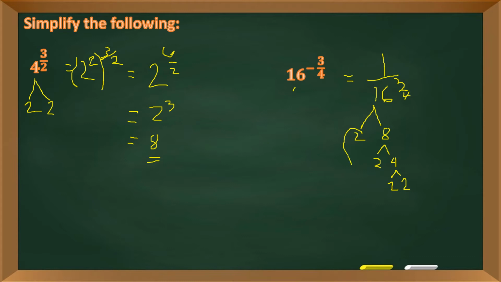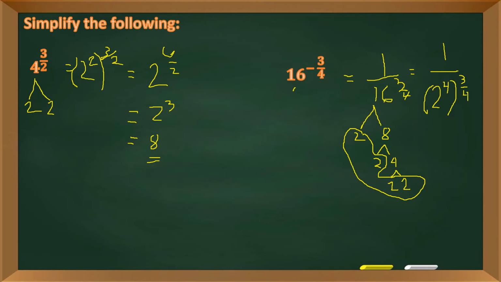So how many 2's do we have? We have four 2's. So therefore, 16 can be expressed as 2 raised to 4 and raised to its original rational exponent, which is 3/4.